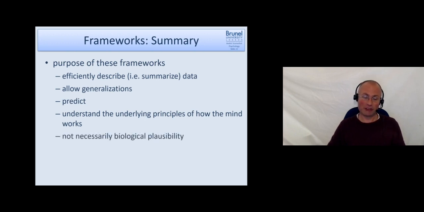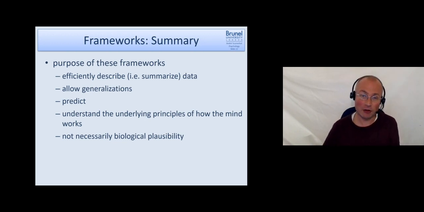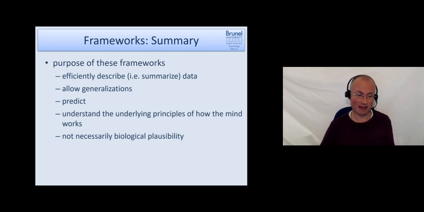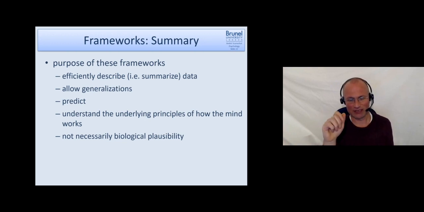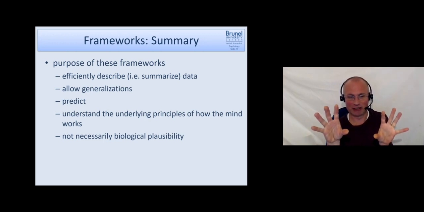One thing which is really important, in particular in light of that you discuss a lot of these processes as well in biological psychology, is that the hardcore cognitive psychologist does not care about biological plausibility. In particular in the early years, these were really distinct approaches to think about.